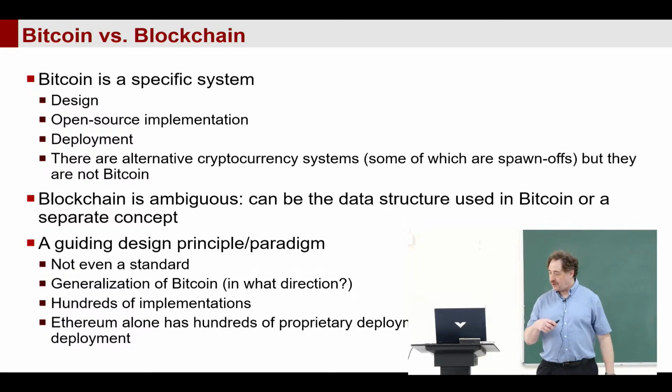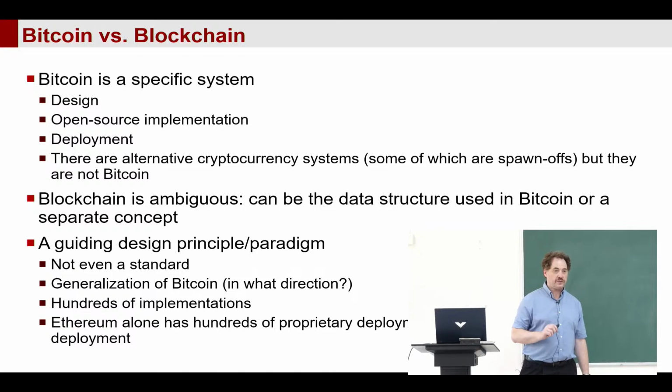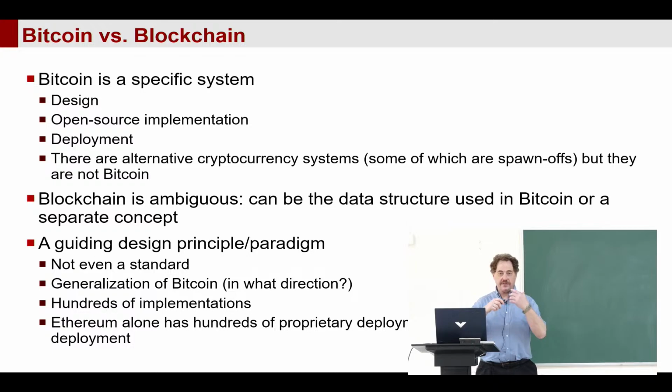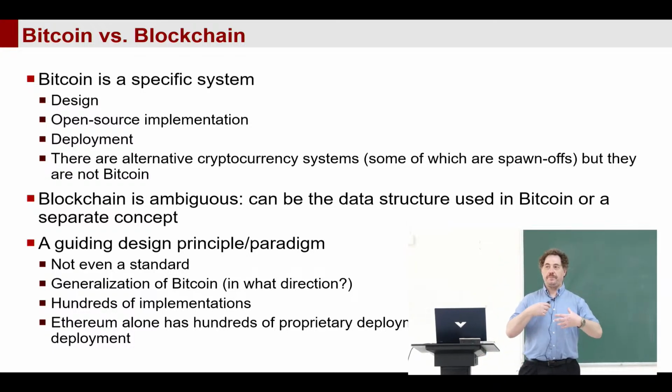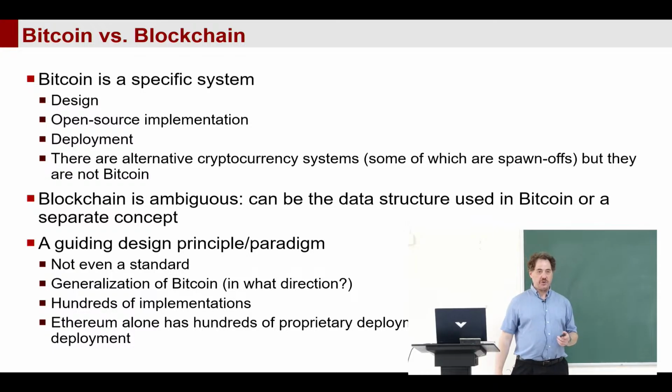There are also hundreds of proprietary deployments of Ethereum, which you can configure to do something a bit different. So all this creates sometimes confusion, but also the need to be very precise, when you talk about blockchain, about what kind of blockchain you're talking about.